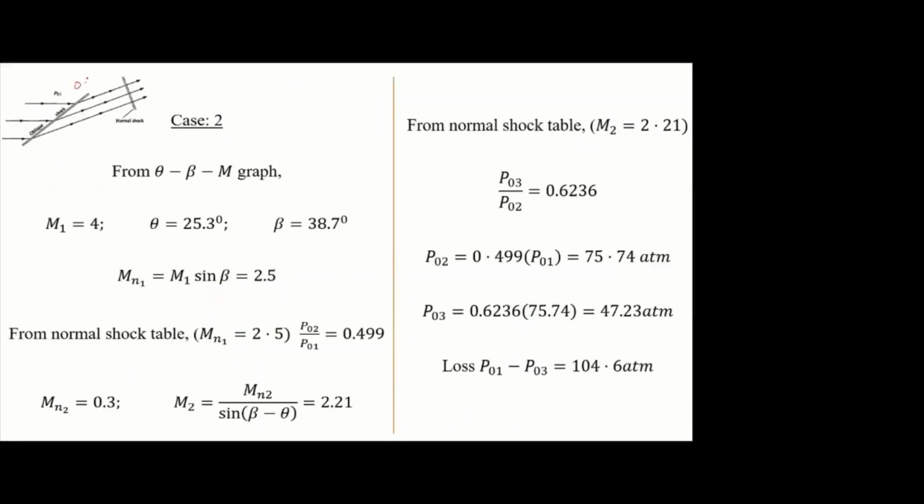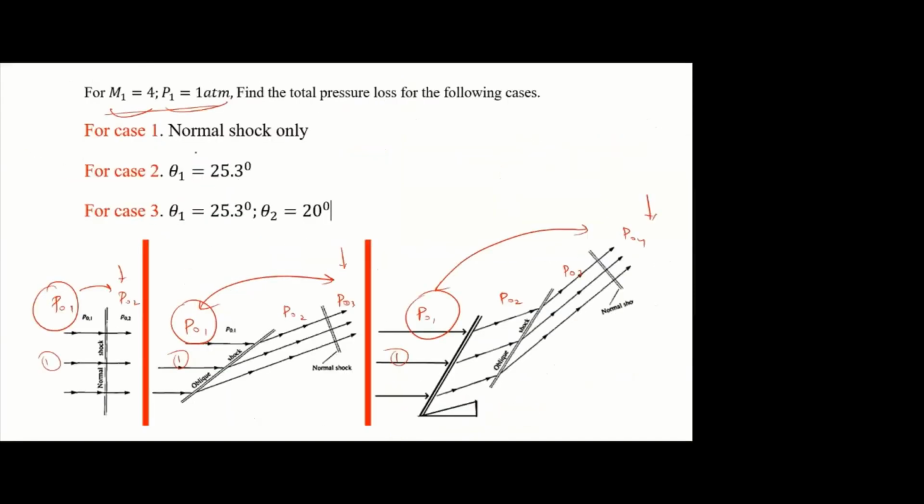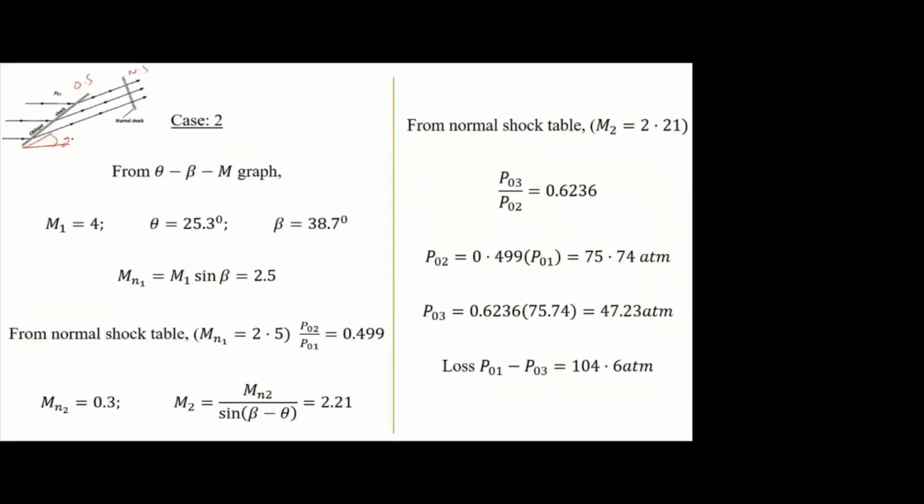So first oblique shock, then followed by normal shock. And the theta value they mention, it is 25.3. So you know the procedure. Once you know the Mach number 4 and theta, you have to find beta. Then you have to find Mn1.